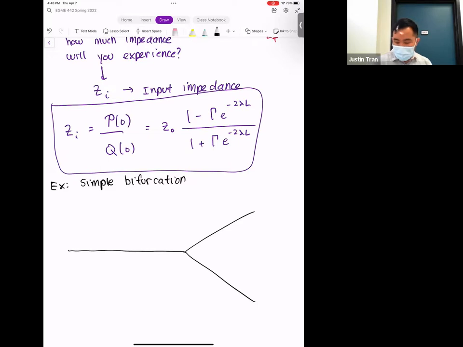We're going to assume that we know the terminal impedances of both the daughter vessels. And so we'll call this ZT1, and we'll call this ZT2, okay?